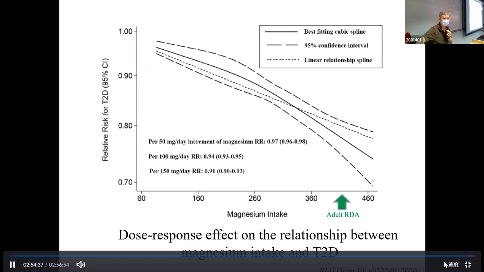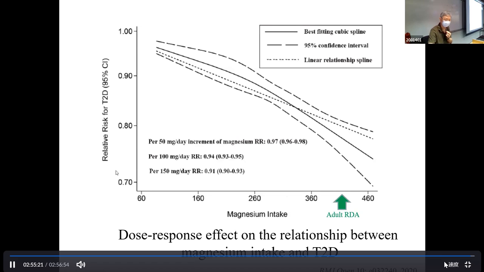What you see here is yet another study from about 2 years ago, relative risk for T2D with 95 percentile. The X-axis is the magnesium intake. So what is our recommendation? Our recommendation is here, around 400 milligram of magnesium a day. And this is the relationship between magnesium intake and T2D risk.